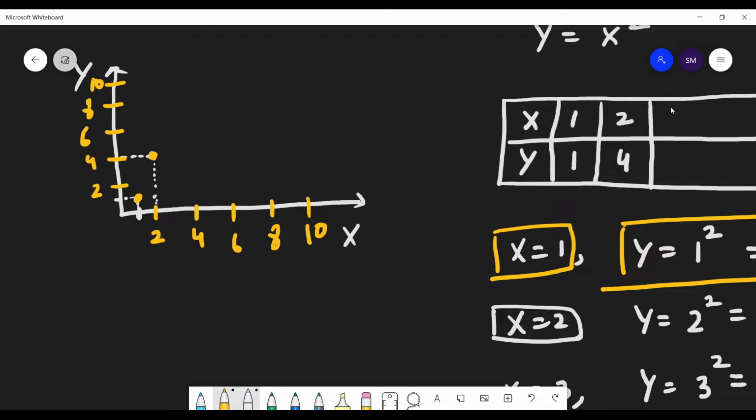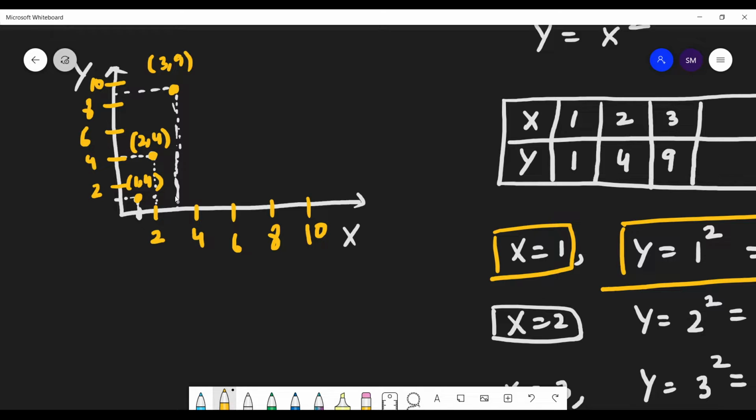Now x equals to 3, but y will be equals to 9. So we have got another point. And we write this point as 3, 9. We write this point as 2, 4. We write this point as 1, 1. Okay.